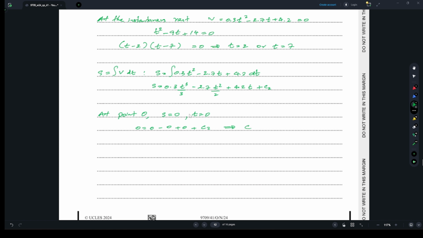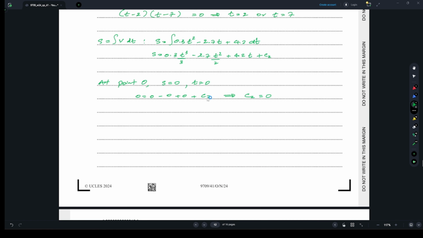From this, c2 equals 0. Then I can write the distance: s equals 0.1 t cube minus 1.35 t square, which is 2.7 divided by 2, plus 4.2 t.